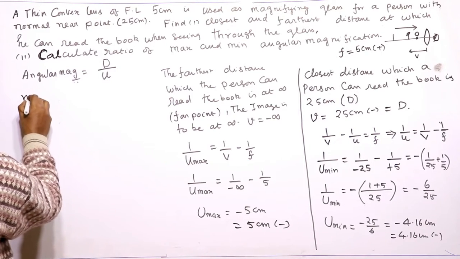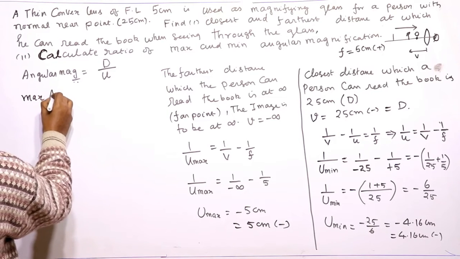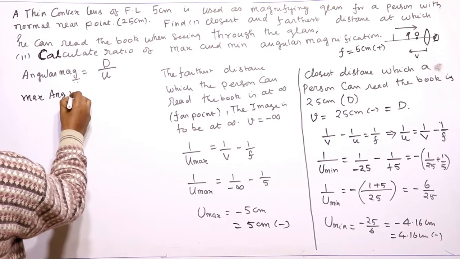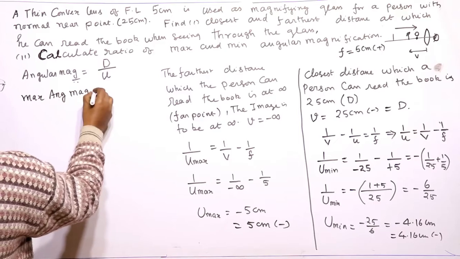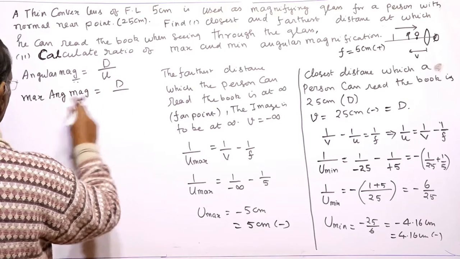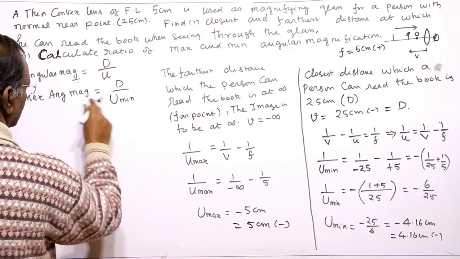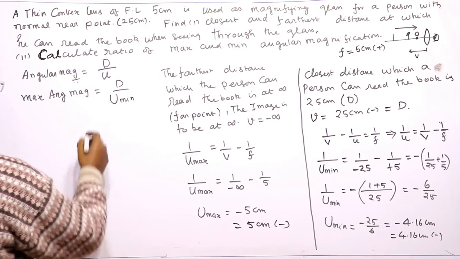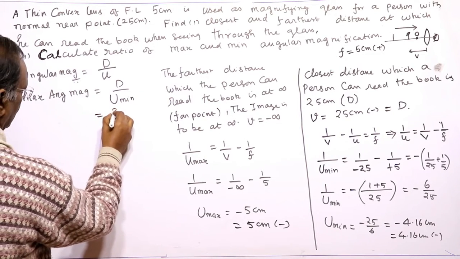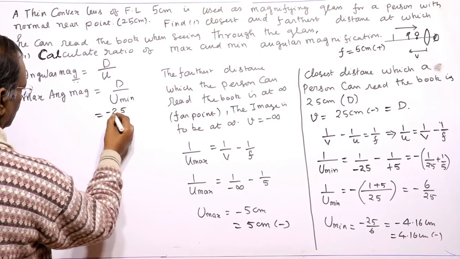So maximum angular magnification is equal to D by U minimum, which is equal to 25.